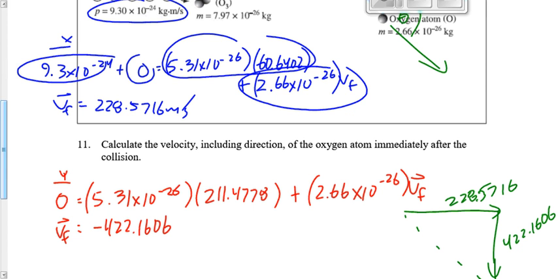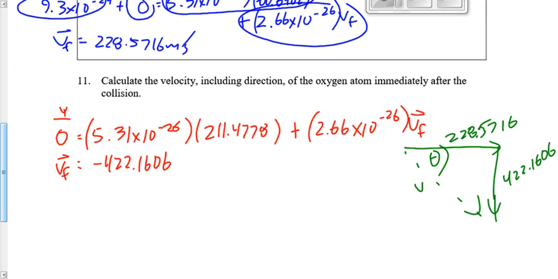We could find theta by the inverse tan function, and we can find V by using the Pythagorean theorem. I'm not going to go through that because I think you're okay. If you need me to go through it, I will, but otherwise I'll just give you the answers here. V is 480, and theta works out to be 61.6.